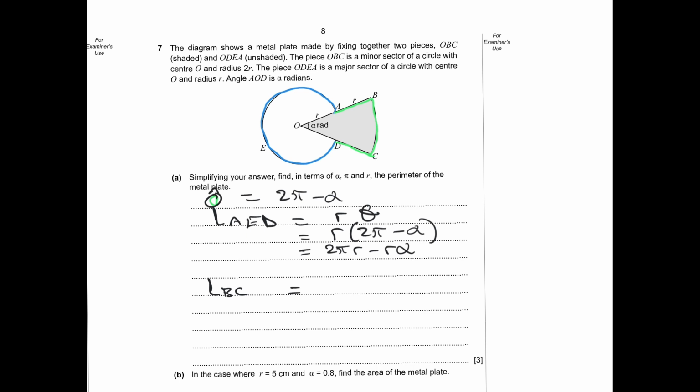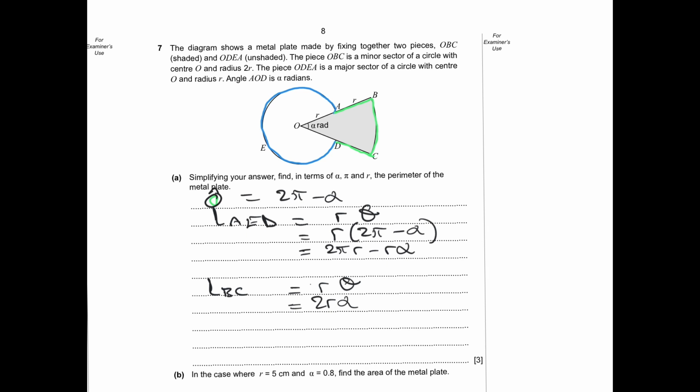What do I have in that case? Remember the formula is r theta. But what is our r? Our r is 2r, the radius, multiplied by theta, which is alpha. So that's our BC.